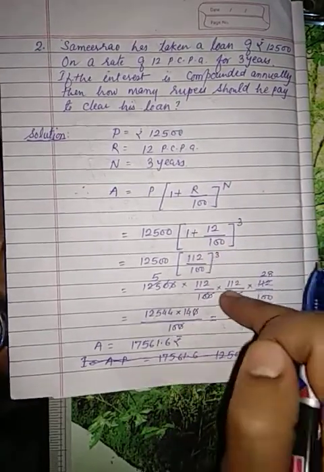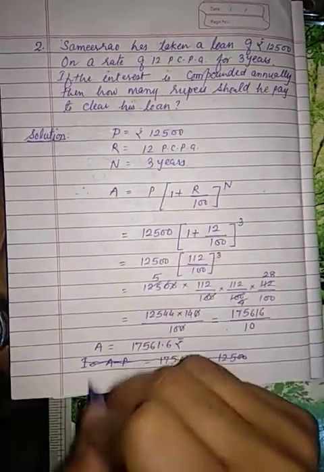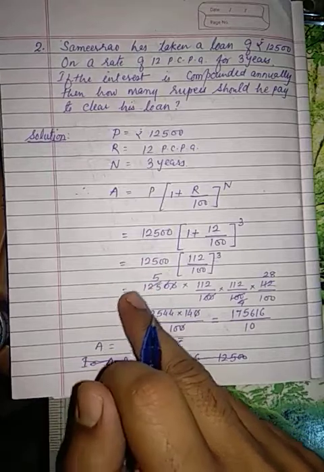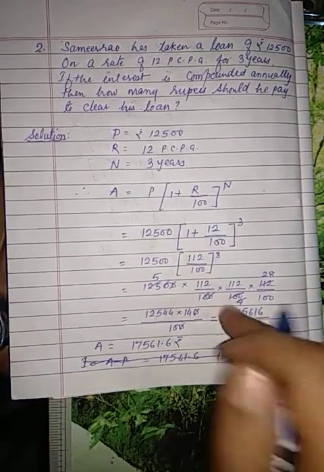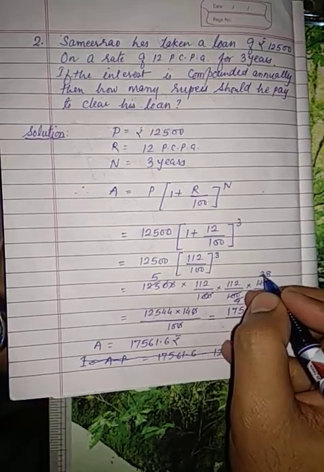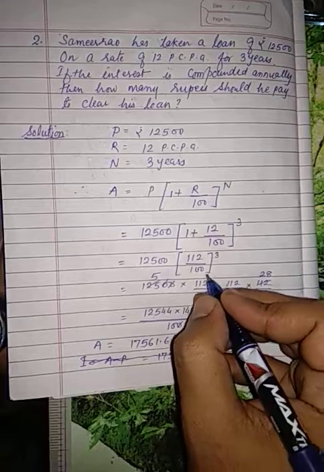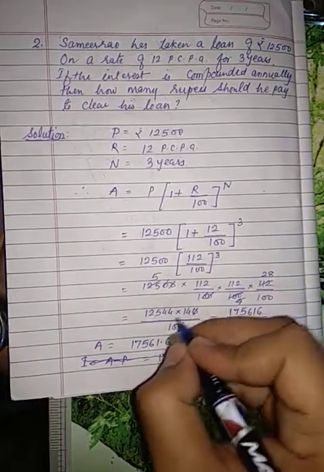Cube means multiply 3 times. We will cancel out zeros first. Divide by 25. 25 5s are 125. 25 4s are 100. Then I have divided by 4 here. Okay, 4 2s are 8. 4 8s are 32. Now you can multiply or find the square of 112.